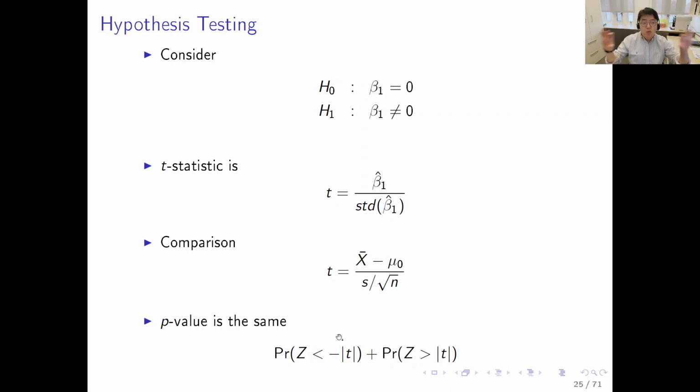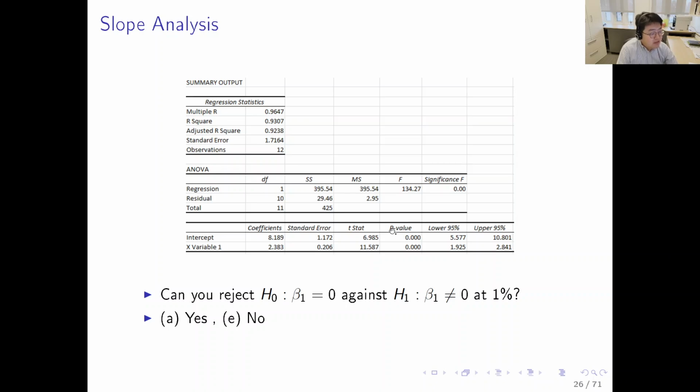The idea is we calculate the probability outside your observation, the probability that you observe more unlikely outcomes. Okay, they are calculated here, t-stat and p-value.